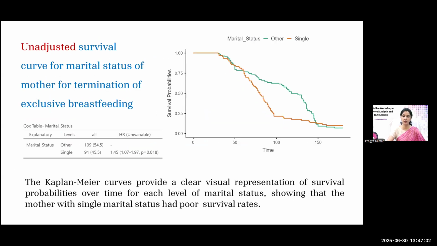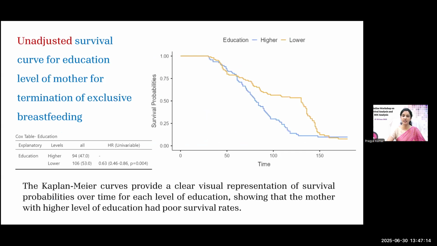Because if you see these two curves, the first one says the survival probability was bad for single mothers compared to non-single mothers, and here it says it is not so good for higher education. So I might think that women with higher education are more likely to be single. So is there a confounding effect of education on the status of mothers who are single?